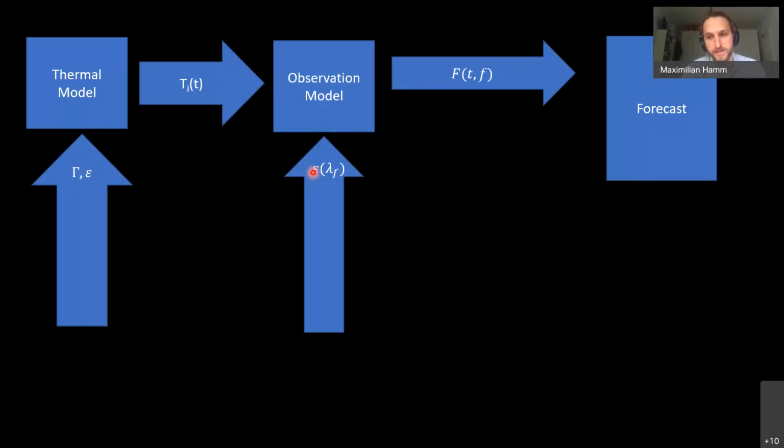And this emissivity depends on the wavelength. And as we have different centers and different wavelength regimes, this is also a factor that goes into the observation model. And then this gives you the infrared flux as a function of temperature and filter. And this is then the forecast of our system.